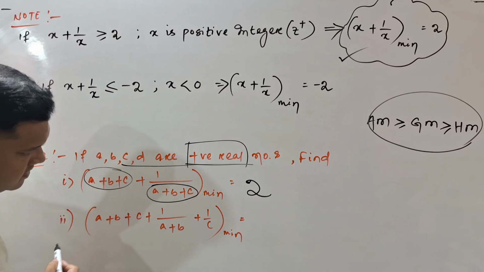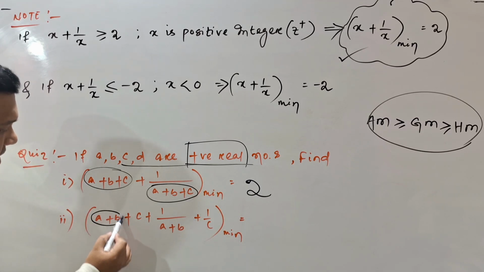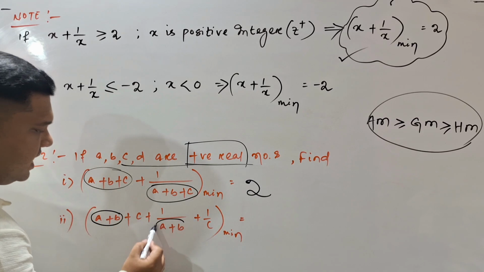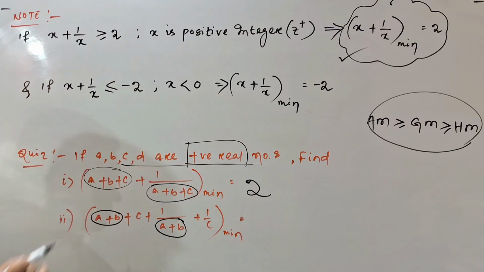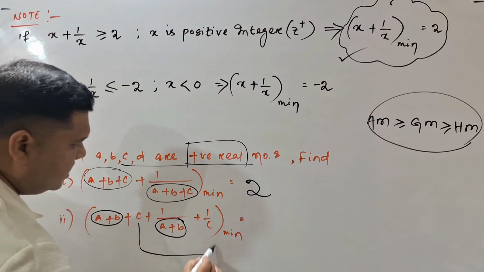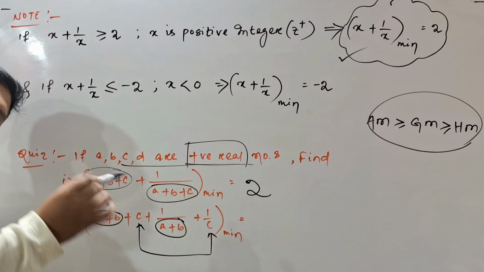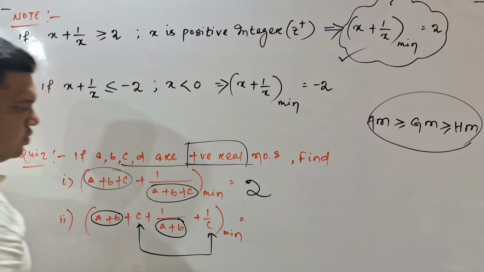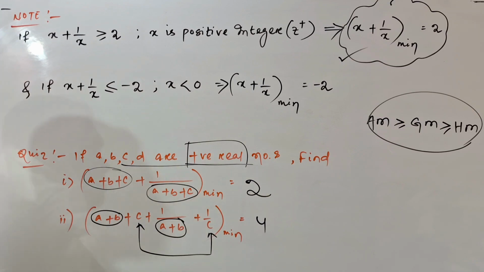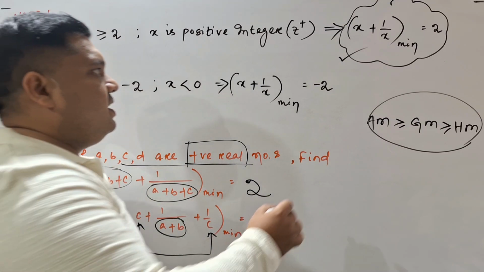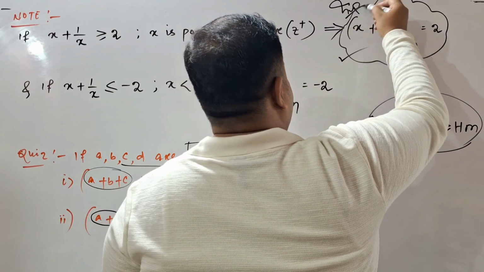Now look here. If you observe A plus B, 1 divided by A plus B, the condition is the same, positive real numbers. So this results in 2. C plus 1 by C will also result in 2. So 2 plus 2, here I will get 4 as the minimum value. So if you remember this result, you can easily handle the question.